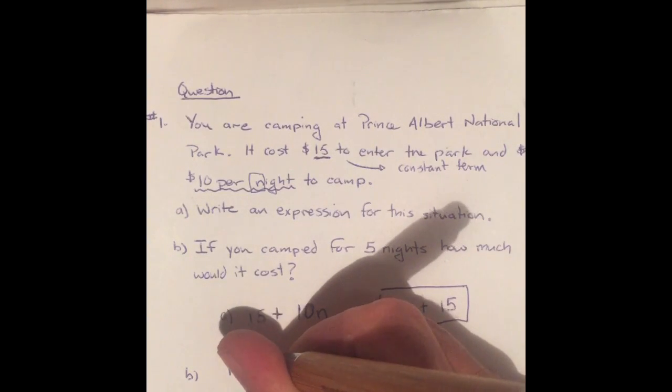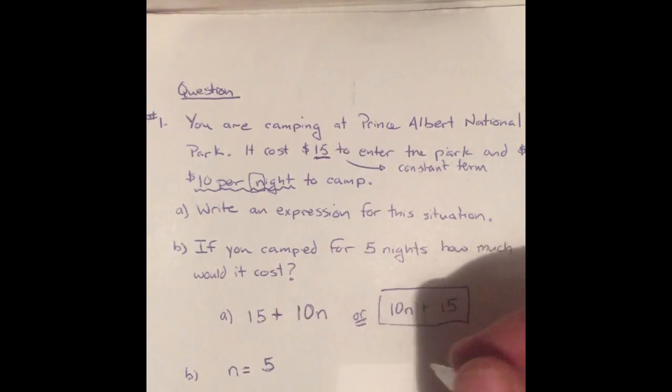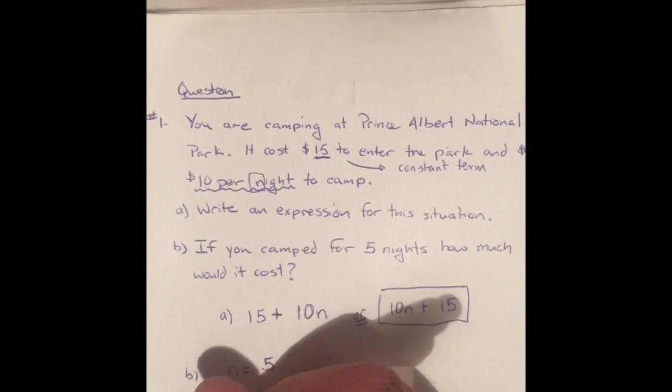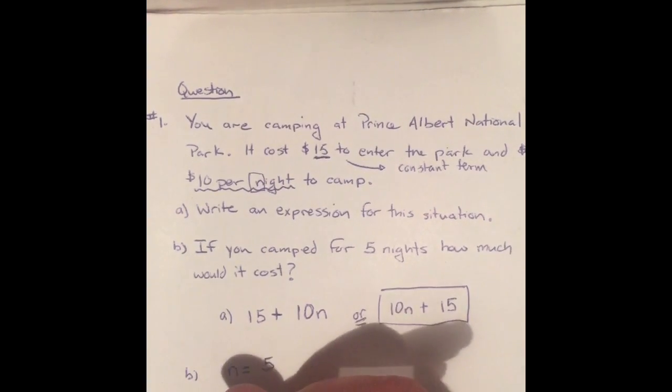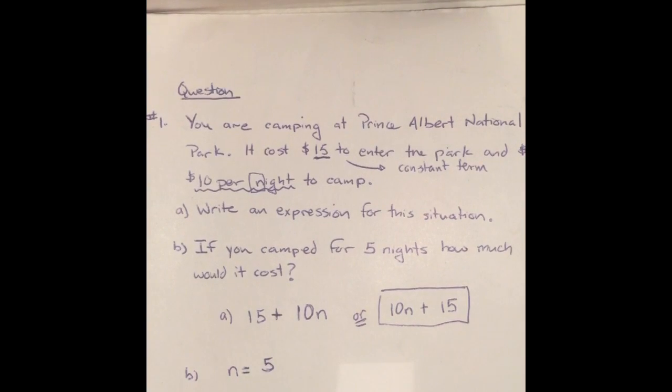So we are going to substitute 5 into our expression and see if we can determine how much it's going to cost. So take our expression, 10n plus 15. We'll write it out: 10n plus 15. Alright, we're going to substitute in the value 5 for n.